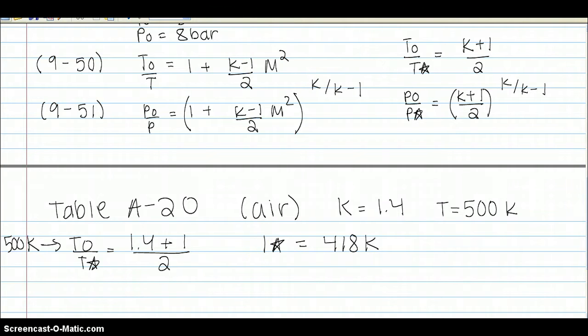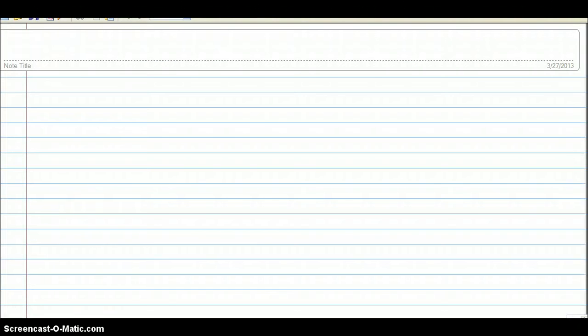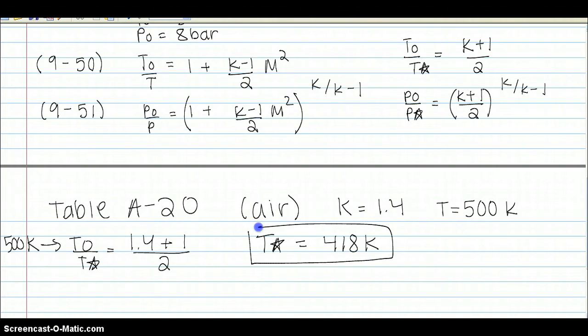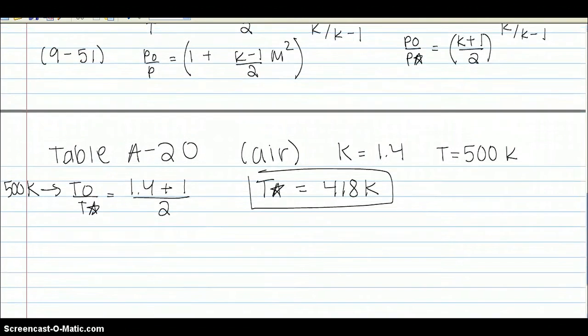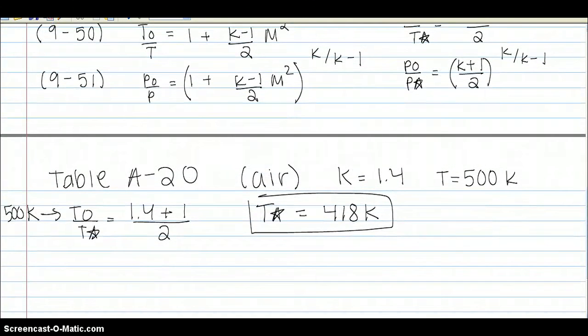So now we just plug in our K value for our second equation, 9-51. We have P naught over P star is equal to K plus 1 over 2 to the power of K over K minus 1.